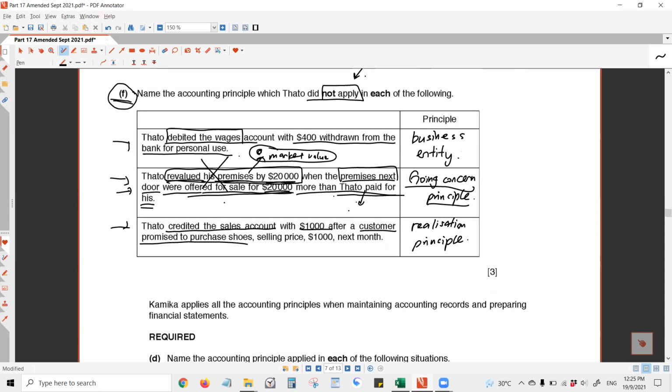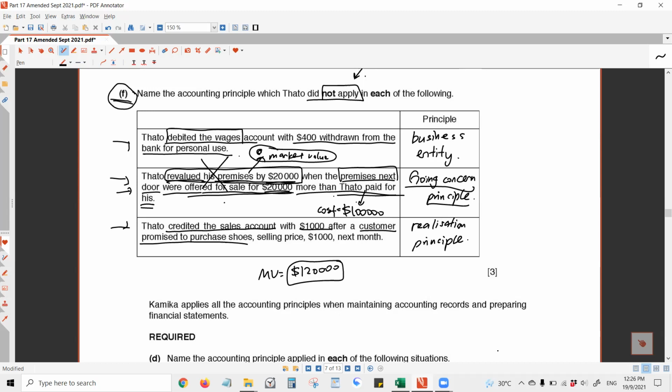Let's say the cost is 100,000. That means maybe a few years ago, Tato bought the building for 100,000. That's the cost. And what is the market value right now? Market value right now is 120,000.